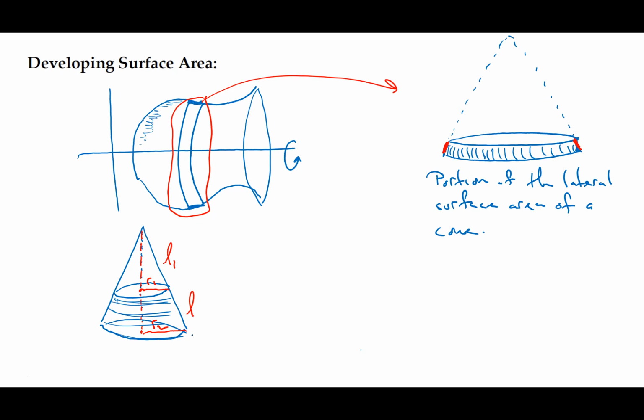So you can see, or it can be shown, that the lateral surface area of a cone is A equals pi r L, okay?